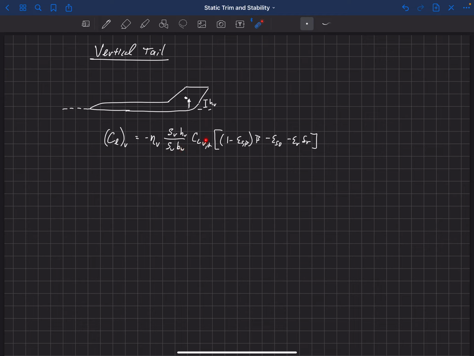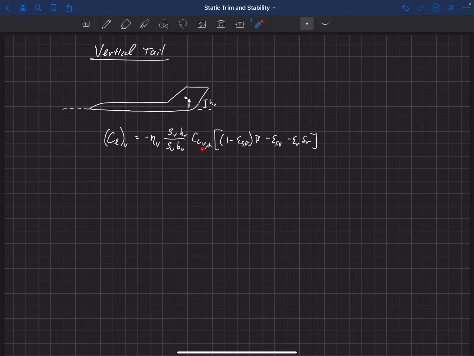And so this coefficient here, though, was non-dimensionalized. This is the lift coefficient on the vertical. That's non-dimensionalized by the area of the wing. And so that's why we have this ratio here, SV over SW. And then we have to multiply that force by this distance, HV. And so anyway, that's why that shows up there.